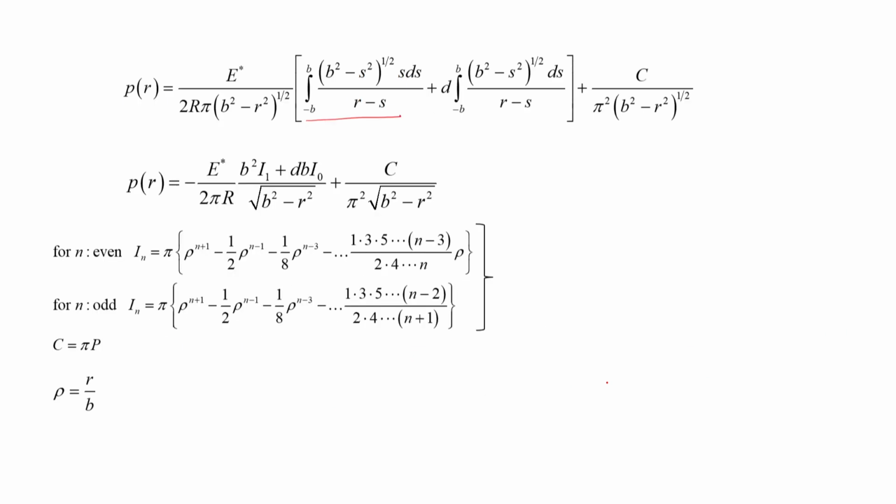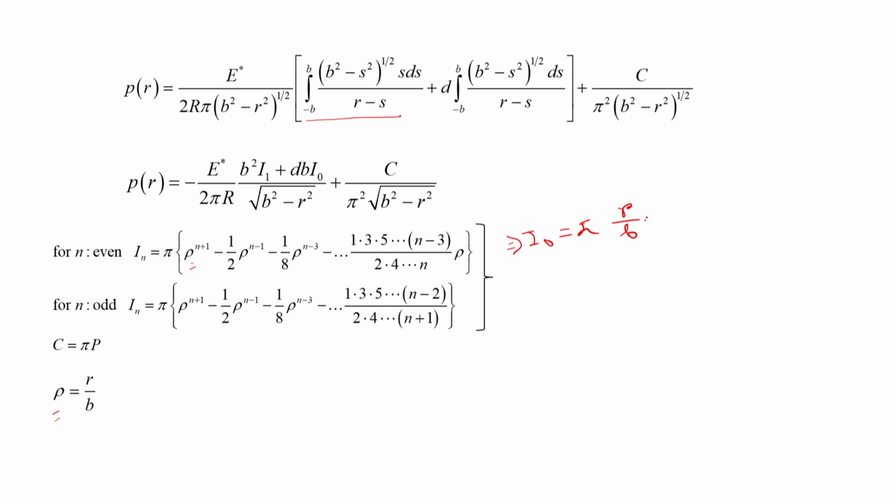So, now we have to use this solution. Now, here remember this rho is in terms of r by b. So, this solution is in terms of these non-dimensional quantities, the dimensionless length rho, and so we can easily use it. So, for example, for n equal to even or 0, I have to use this equation. So, from here I0 comes out to be pi, and let us say this is rho, so it is r by b.